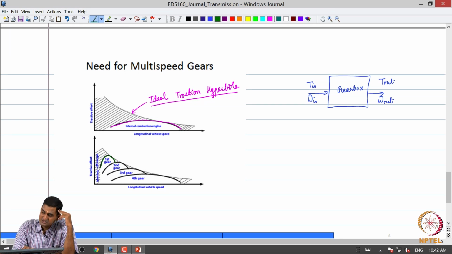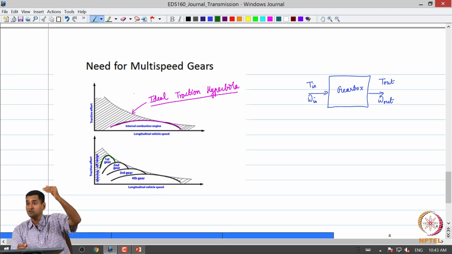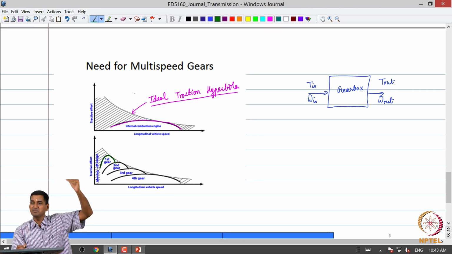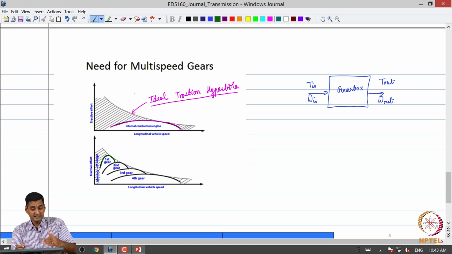So what happens to this curve is that the torque output gets amplified by that factor, right, it gets multiplied by the factor. So as far as the curve is concerned, it gets shifted along the vertical axis, right. But what happens to the horizontal range?